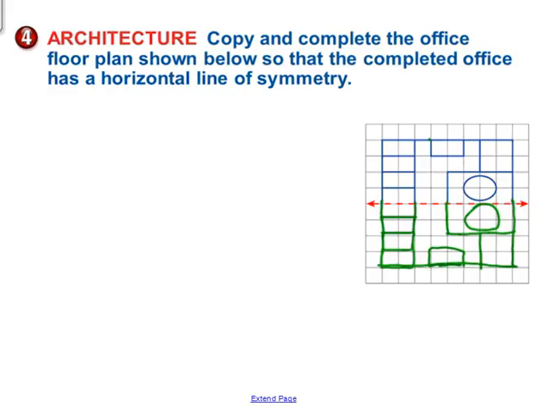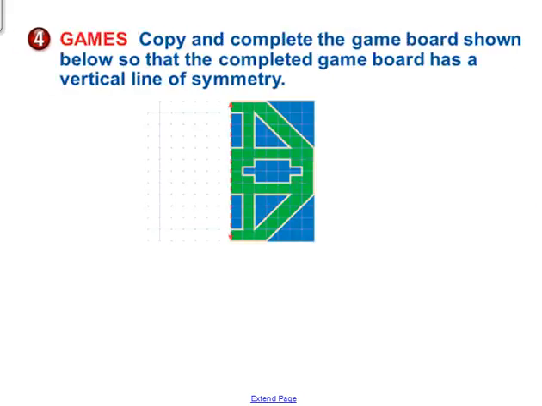And other than graphing errors, I think those are symmetrical across the horizontal line. This drawing would be very difficult to complete without the idea of symmetry, but I'm going to start doing the green parts.